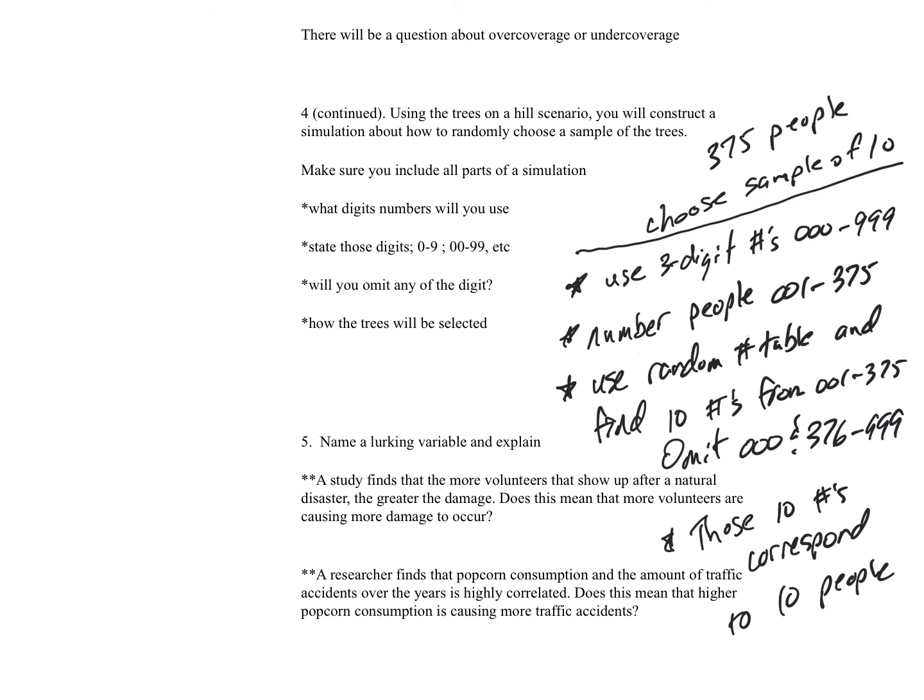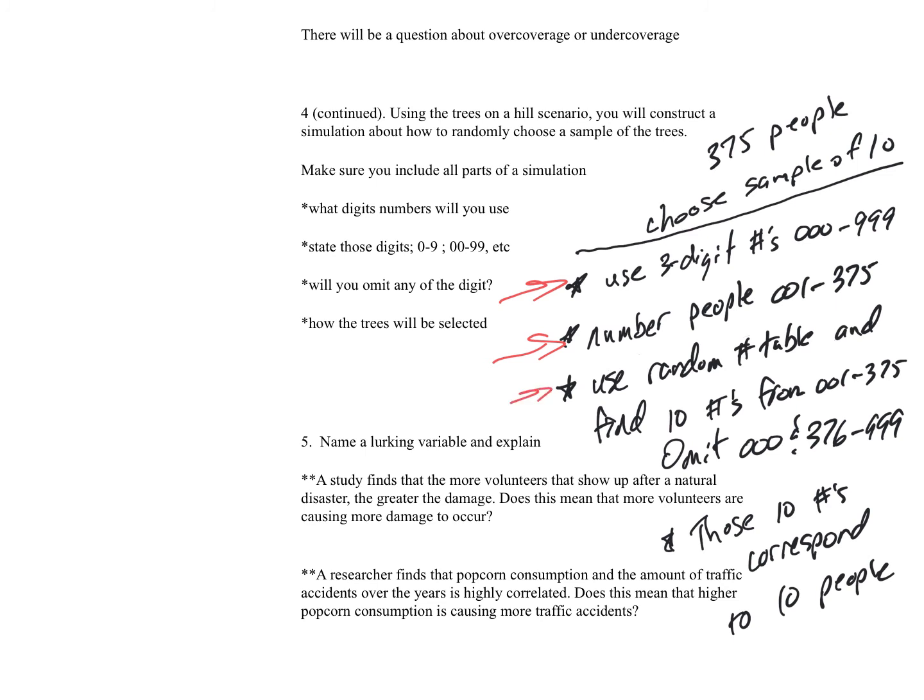When we're doing a random number table, let's reiterate. Let me change this to red just to make sure. You're going to use 3-digit numbers from 000 to 999. All right, so now I know what numbers I'm using. Before I start, I'm going to number my 375 people, whether they line up in a line or we do it alphabetically, but we can number them 1 to 375, yes? Perfect.